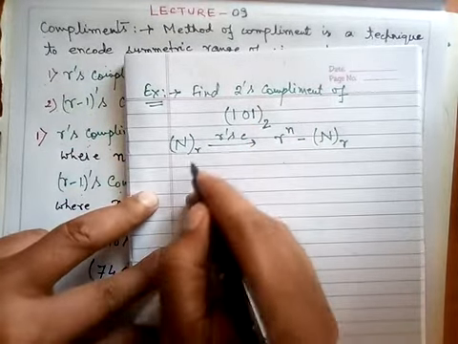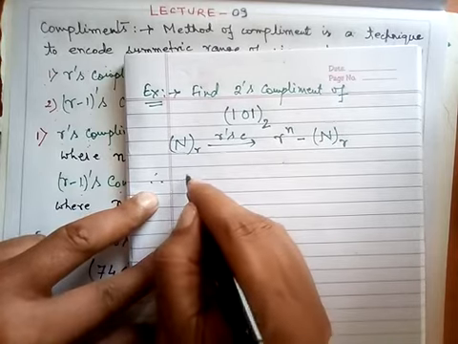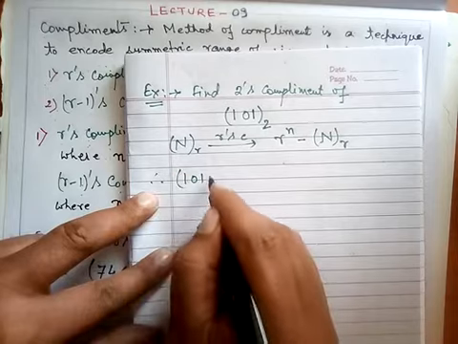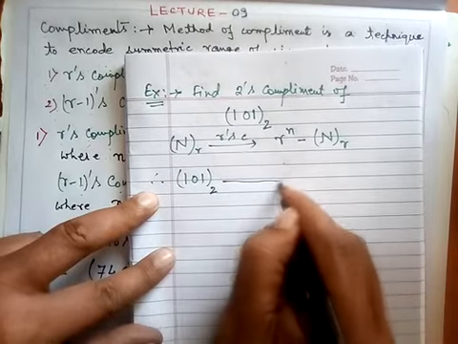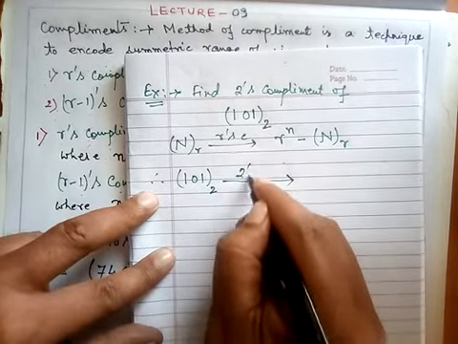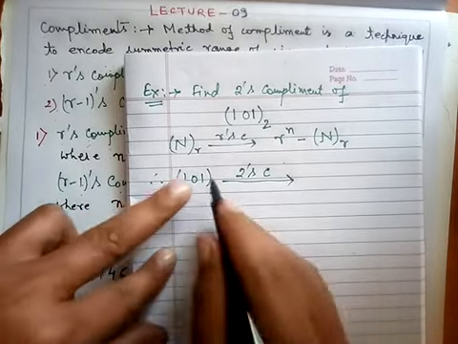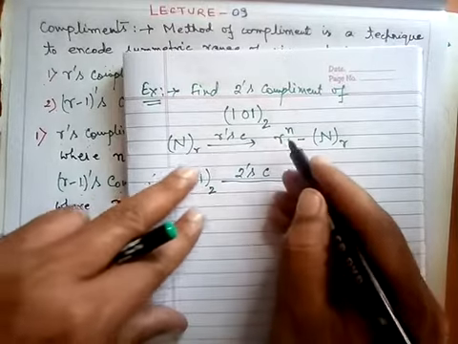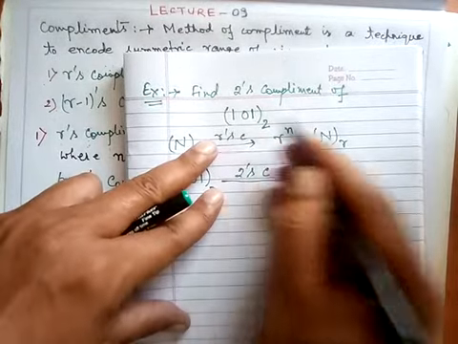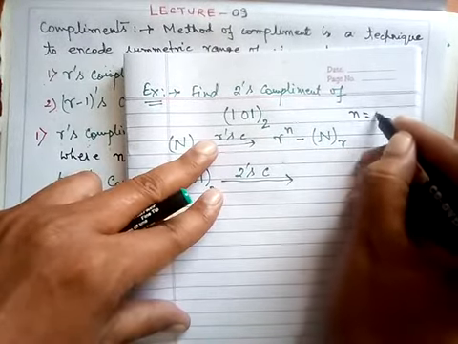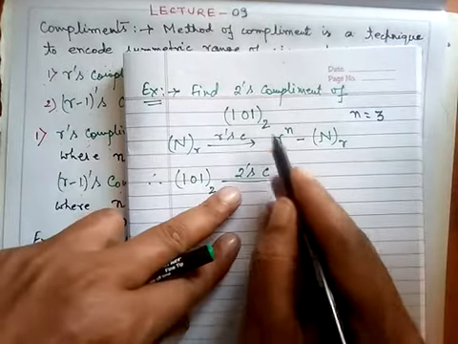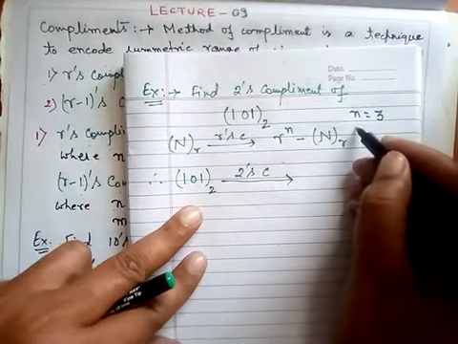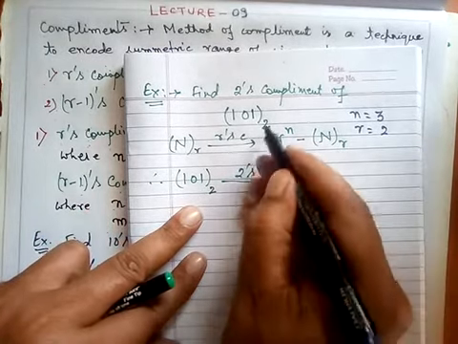So applying this formula, you have this number 101 with base 2, and I am interested in its 2's complement. Now look at this, what is the value of n? The number of digits in the integer part is 3, and the value of r is 2.